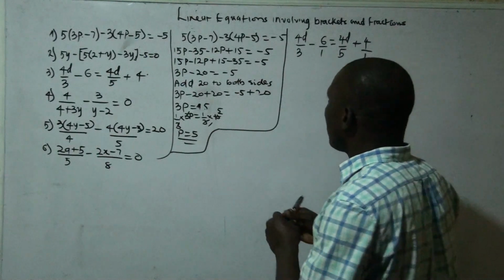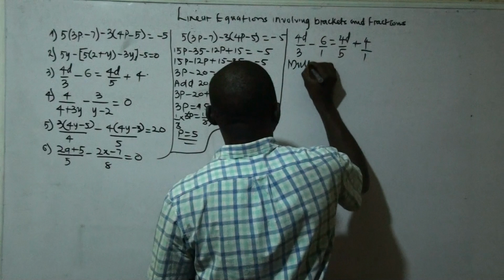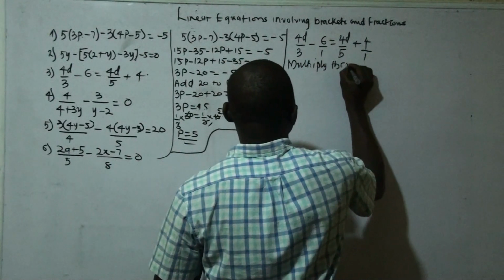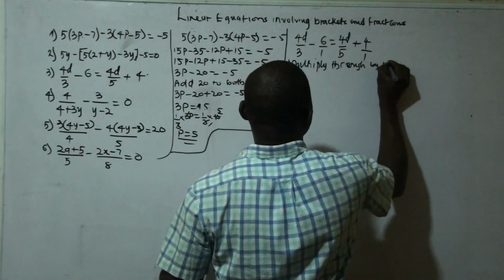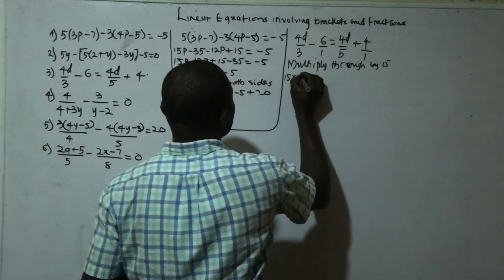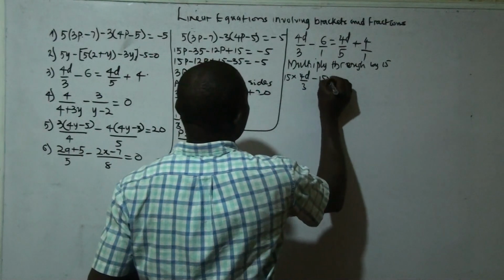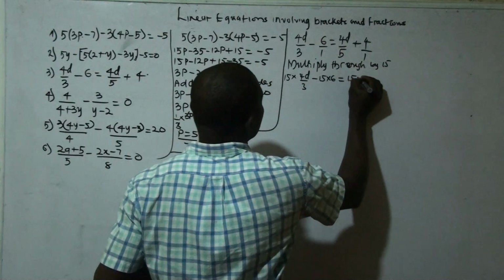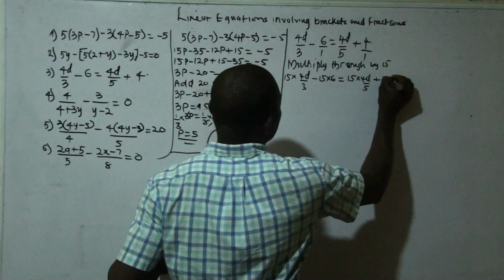So we multiply through by 15. So here this is 15 times 4d by 3 minus 15 times 6 is equal to 15 times 4d by 5 plus 4 times 15.